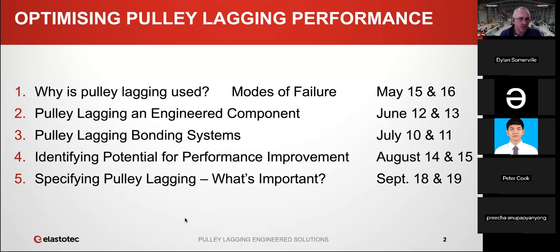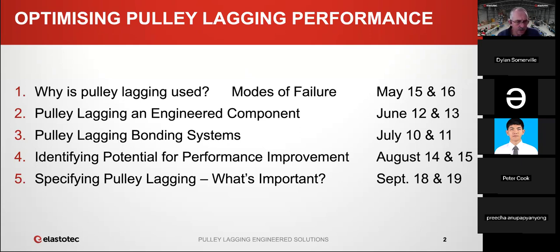The course next month is on the engineering that goes behind pulley lagging, and we'll be looking at things like friction, shear forces, lagging design. The third webinar, we'll look in detail at pulley lagging bonding systems, so specifically cold bonded systems, hot vulcanized lagging, and direct bond.